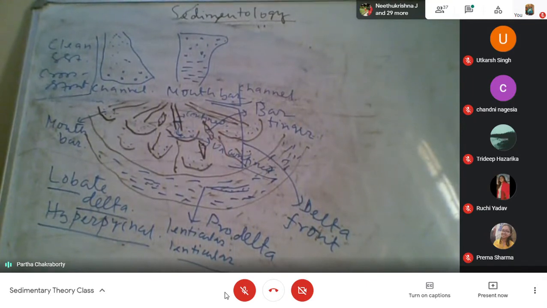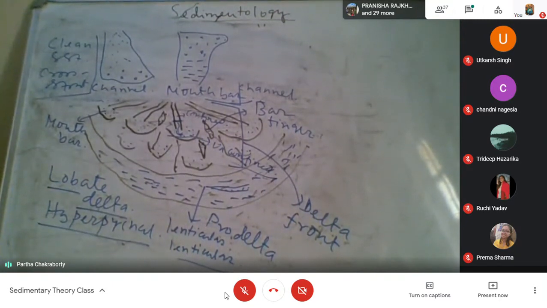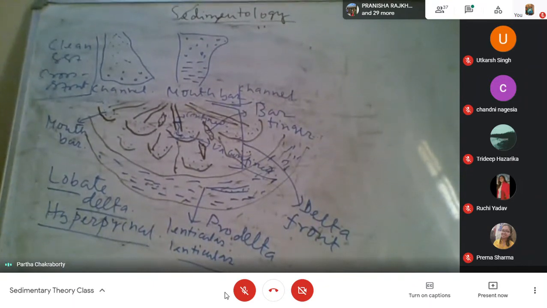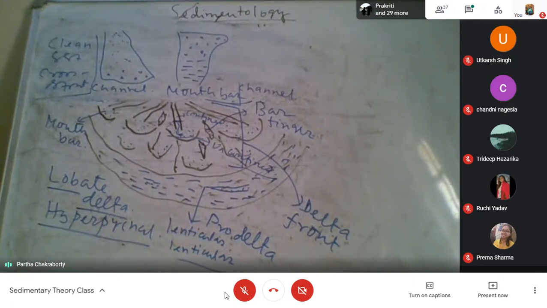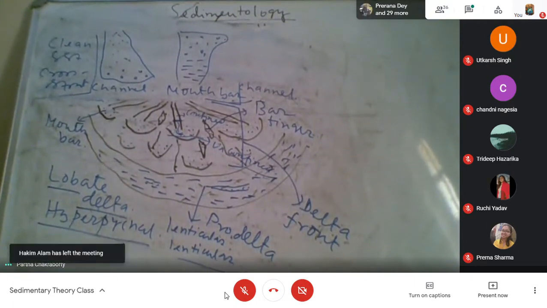I will draw a three-dimensional diagram also. Then you get the delta front. Delta front is basically the distributary channel and the mouth bar system. We also get the bar finger, and at the distal part we get the pro-delta.